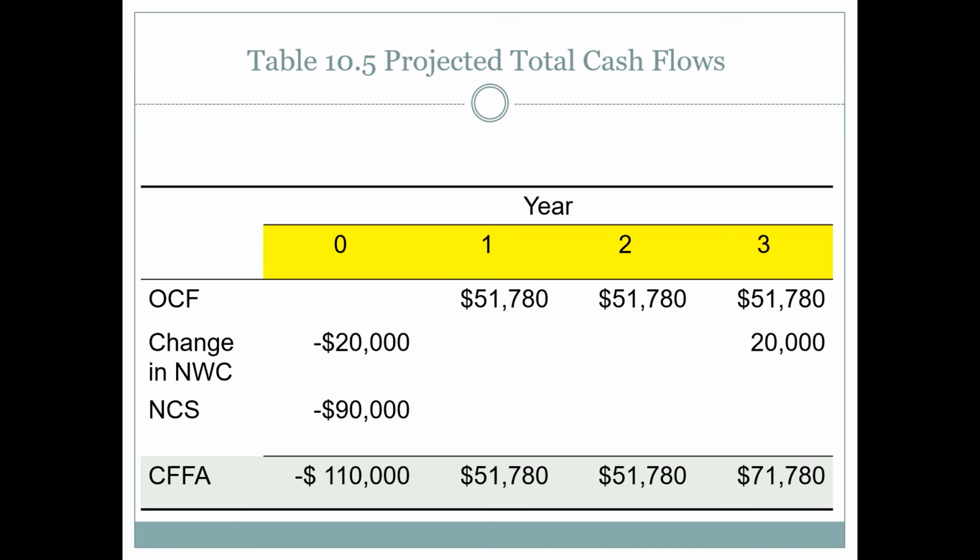In the third year, the final year, we have our operating cash flow of $51,780, but we also treat our investment in working capital as being recoverable. So you can think about this: let's say my investment in net working capital was that I bought some inventory, and let's say I have a bar in there and I'm selling booze. So I have all this inventory.